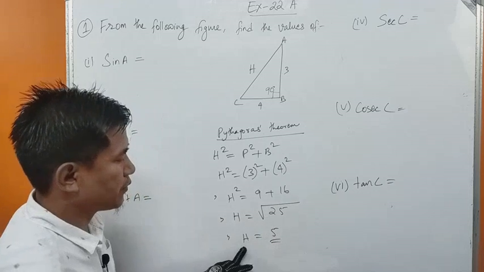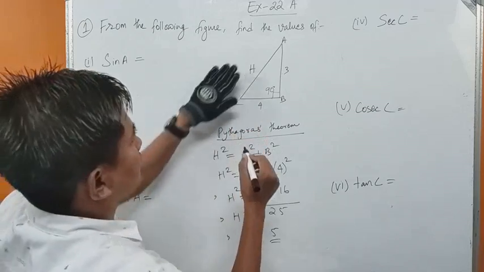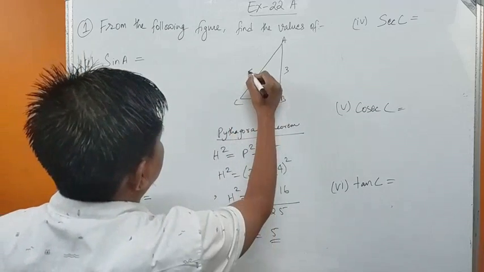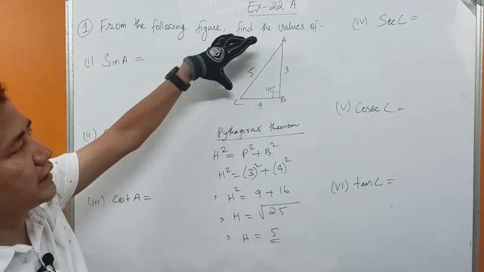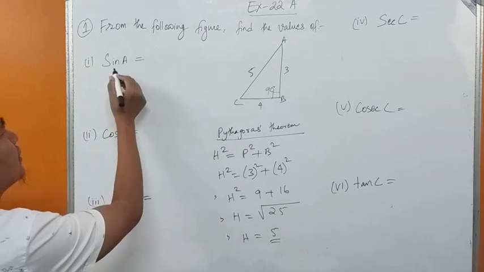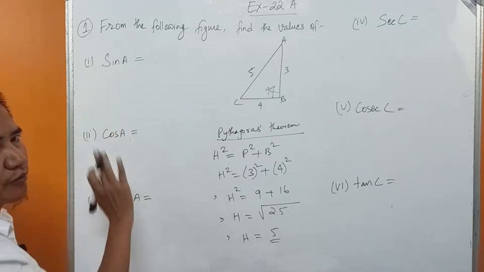So the value of hypotenuse is 5. So AC is 5. Now we found the third side AC. Now it is easy to find the values of these trigonometrical identities.